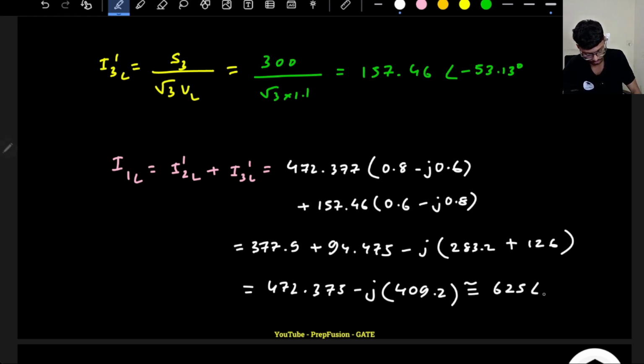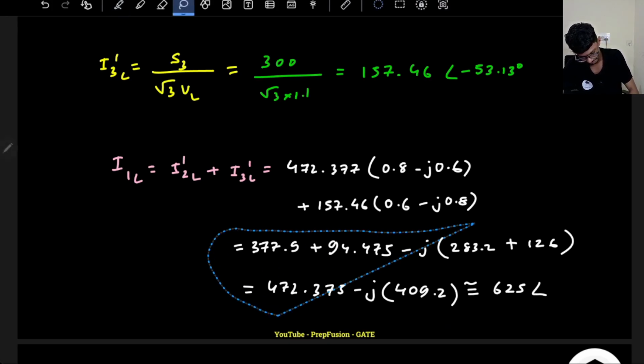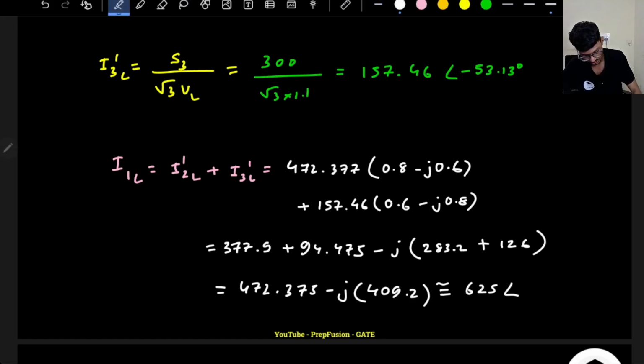Okay, phase angle also we can find out. Phase angle we have to find out, right? So phase angle will be tan inverse of 409.2 divided by 472.375, that is 40.9 degrees. Minus, because the imaginary portion is negative, so minus 40.9 degrees.